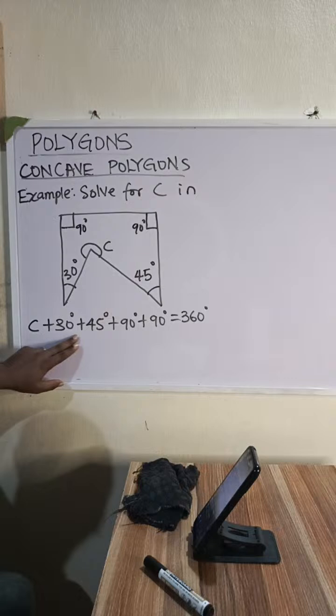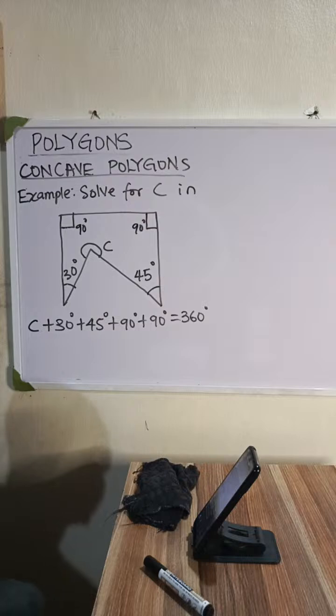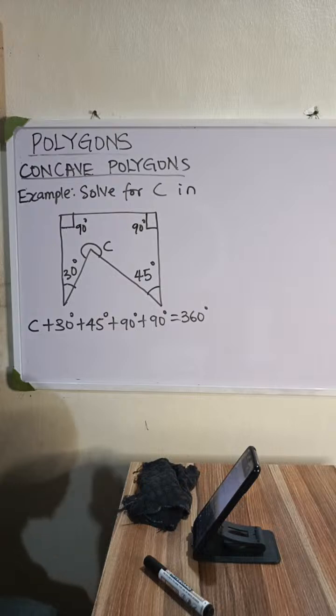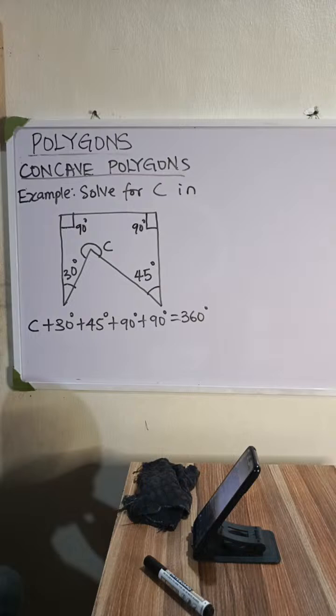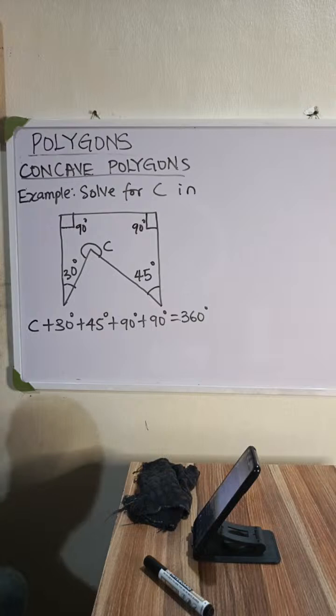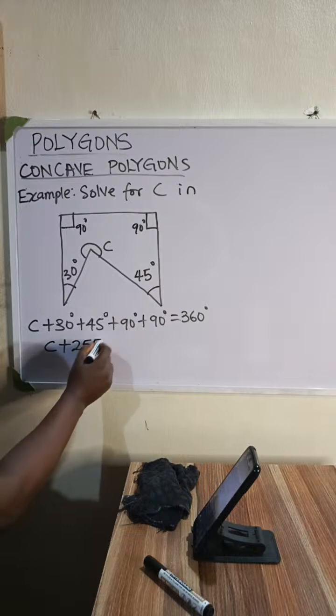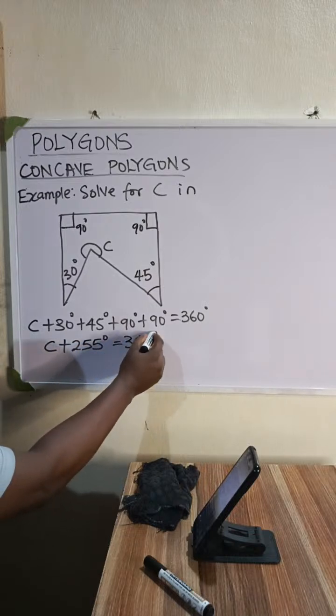So when you add these numbers together, 30 plus 45 plus 90 plus 90, what do you get? 255 degrees. Okay, correct, 255 degrees. So we have C plus 255 degrees is equal to 360 degrees.